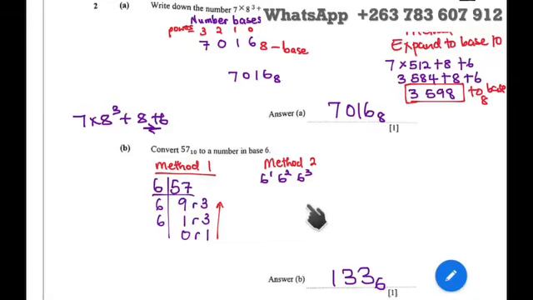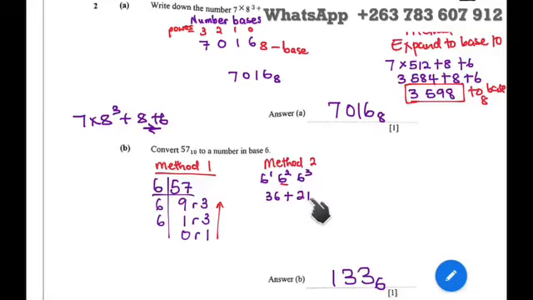So we consider 6 squared, which is 36. If we subtract 36 from 57, we rewrite it as 36 plus 21 to give us 57. Now we want to consider the next powers. 6 to the power 1 can be divided into 21.